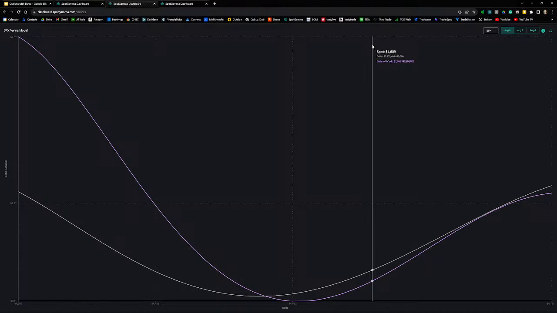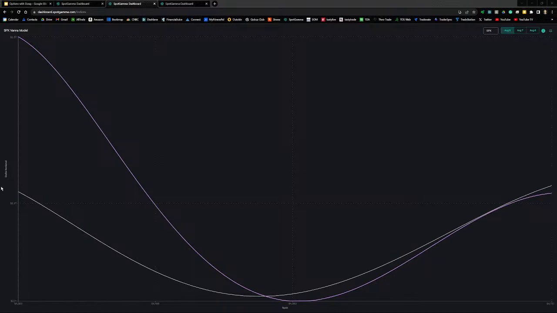So this Vanna model curve is typical of a slightly negative to neutral gamma position.